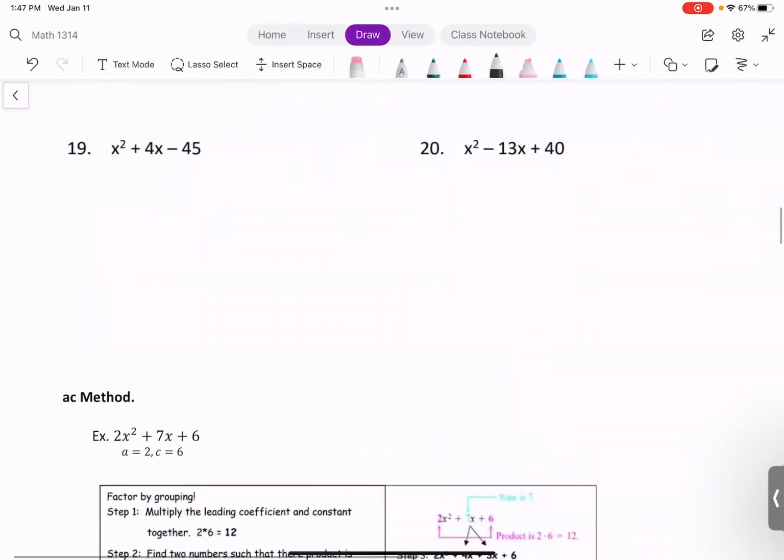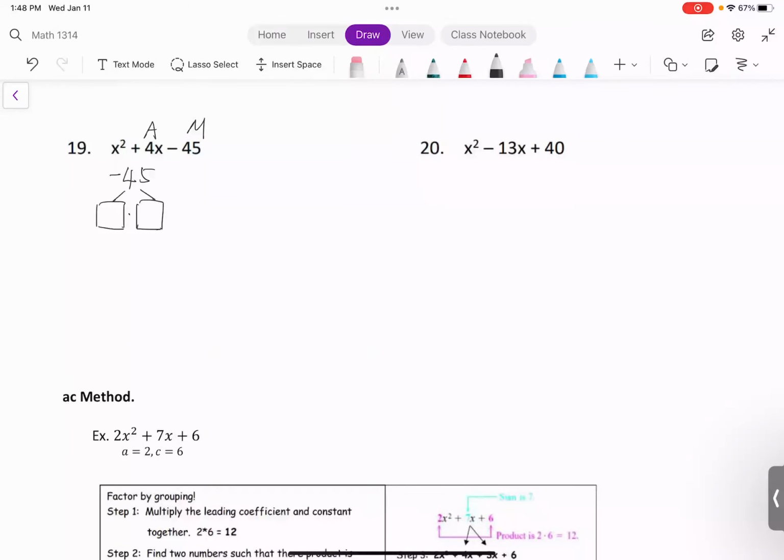Let's see the next two examples. Put the A on top of 4 and put the M on top of negative 45. The multiplication of two numbers is negative 45, and the addition is 4. So one of them must be negative.